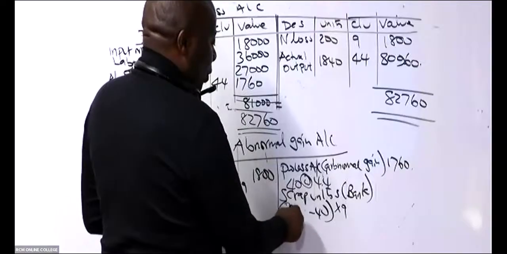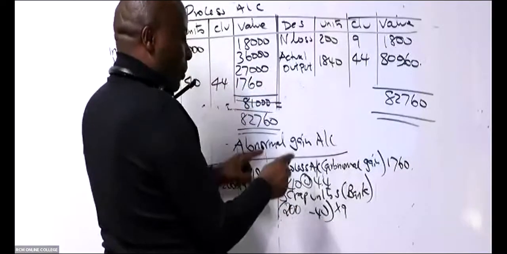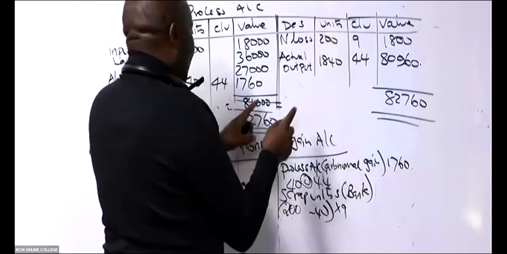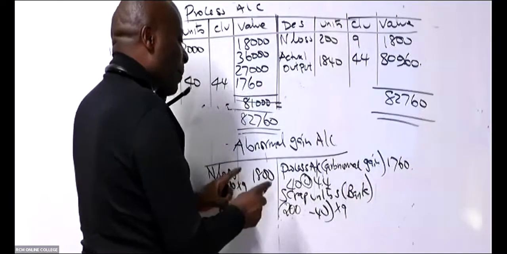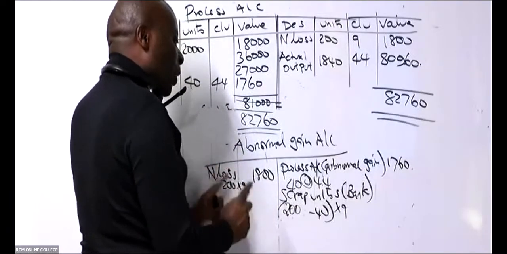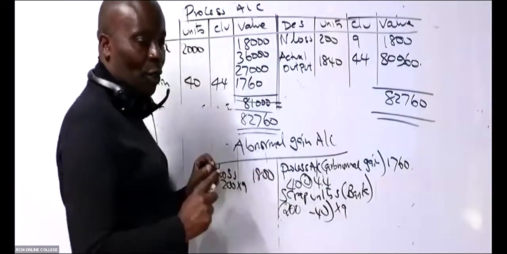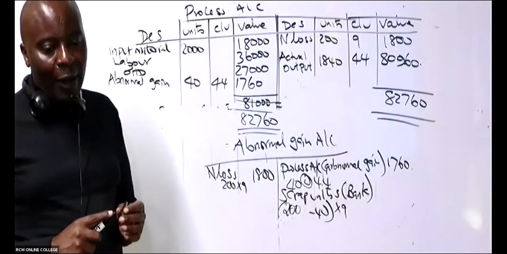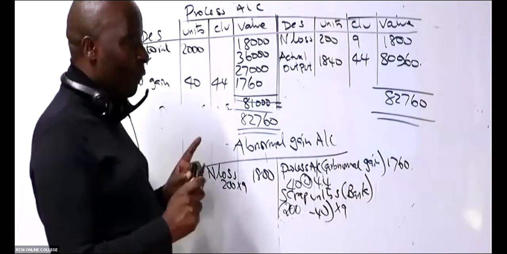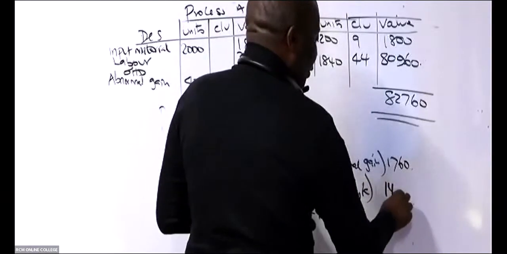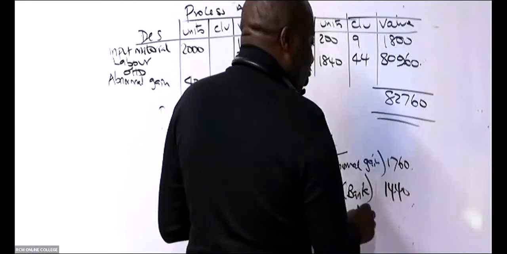Remember, these are units. 200, but we saved 40. So then 200 minus 40, whatever answer you get, times 9. That is what we shall be able to receive in our bank, which gives us 1440. So then go ahead and balance.